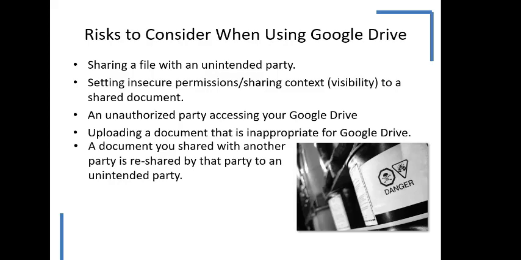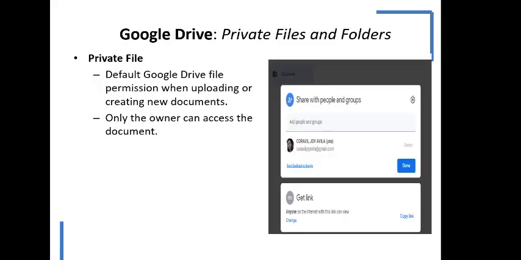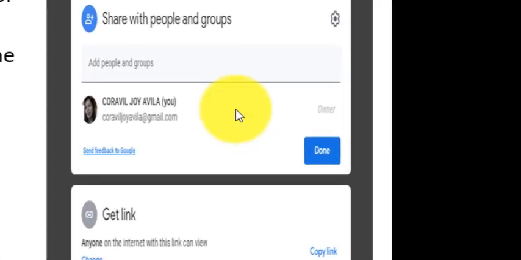So let's move on now. Okay, when you create a file or folder in Google, actually it is set as a private file by default. Just like this. On the right side, I have shared a particular folder, and as you notice, I'm the owner.